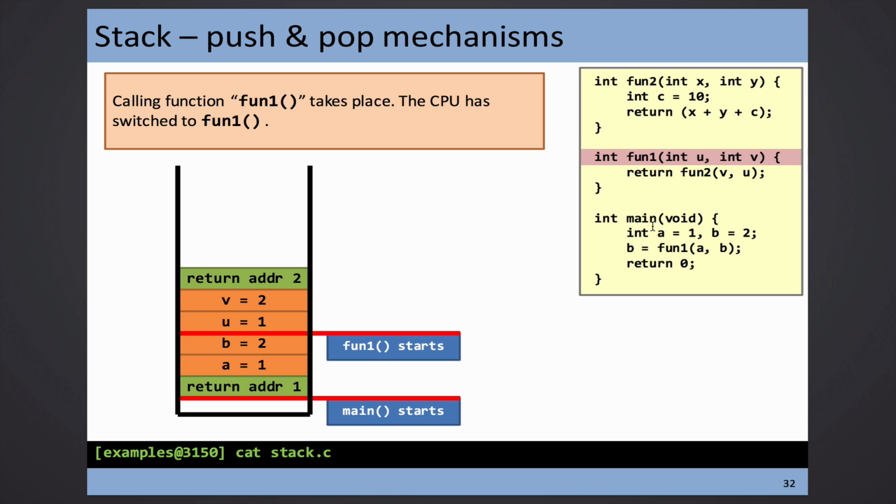Now let's say I finished pushing everything, now it's time to call the function, I jump to the function, and these two locations immediately become variables. What are they? I consider them local, but you can consider them arguments, u and v. Now can you see what that is? It is the true working of what pass by value means, right?